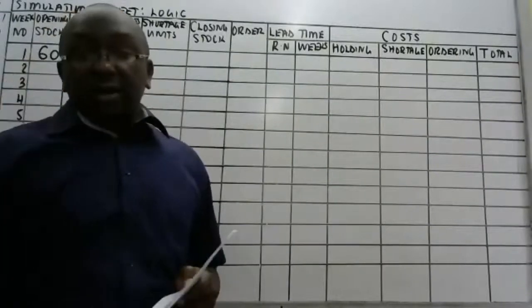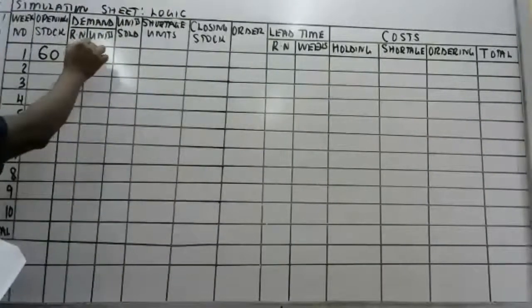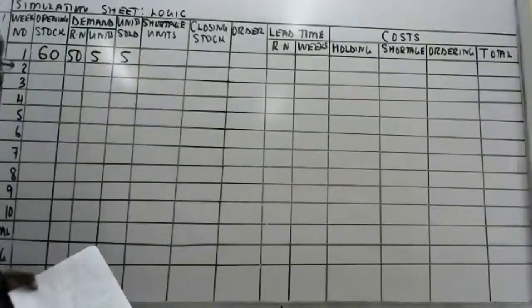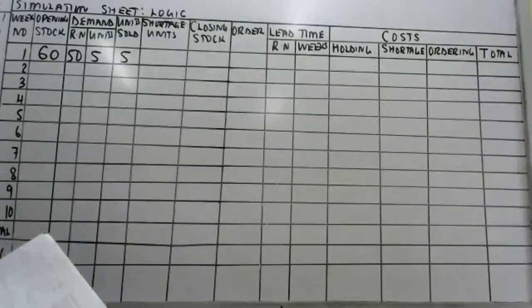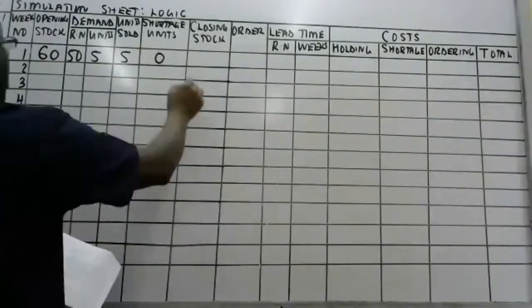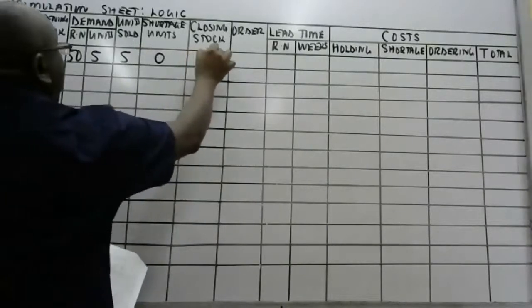From your Monte Carlo, 5. So if I have 5, then the units sold are 5 because I have more than that. So no one goes home without. So I close with 55.